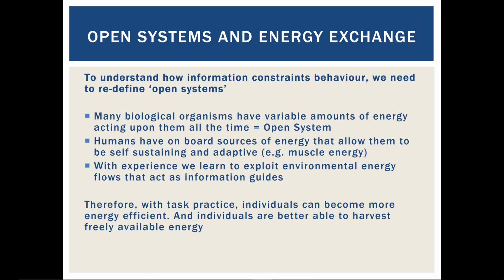And in an open system, individuals have to be really, really good at harvesting the information that occurs in the open system. In other words, if a defender knows where to look, where the most crucial part of information is in the environment, do we all agree that that would be a better defender? If he knows that when someone runs in a particular pattern, then the pass is going to go to the left, that's going to make it easier for me to intercept.